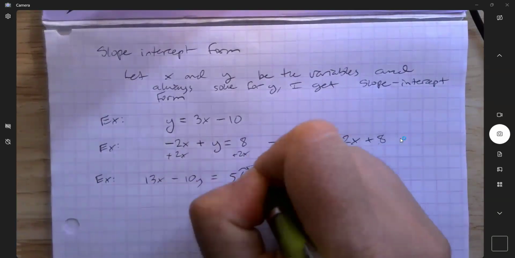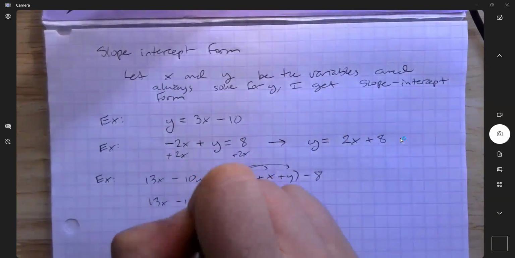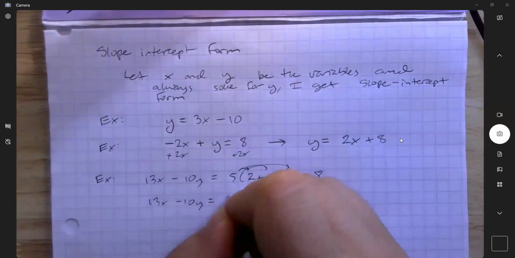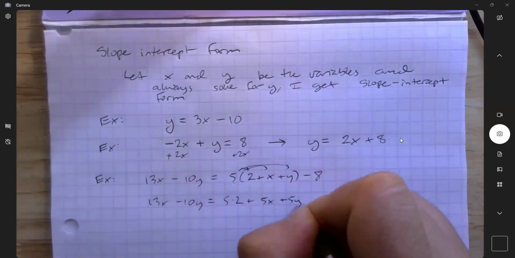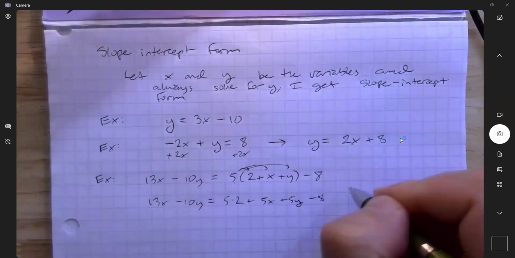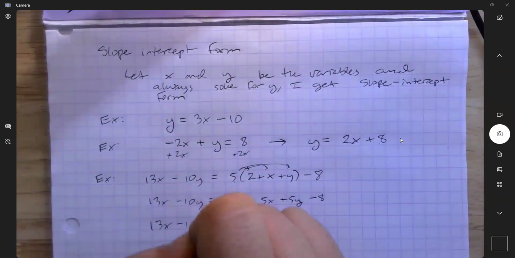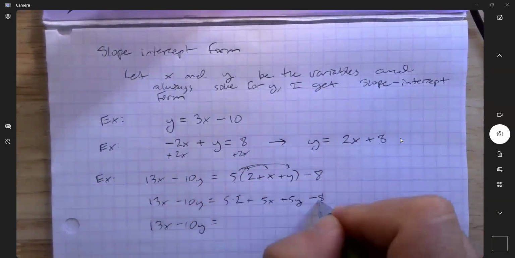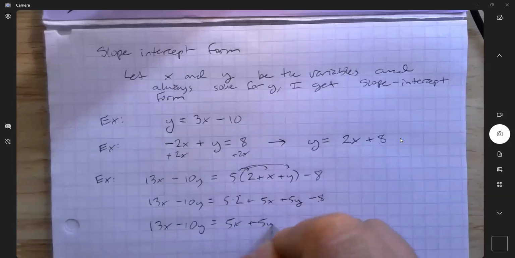I'll distribute the 5 through each of those, and so I'm going to get 13x minus 10y equals 5 times 2 plus 5 times x plus 5 times y, and then a minus 8. 5 times 2 is 10, and then the minus 8, so I'm going to end up adding 2 because 10 minus 8 equals 2.